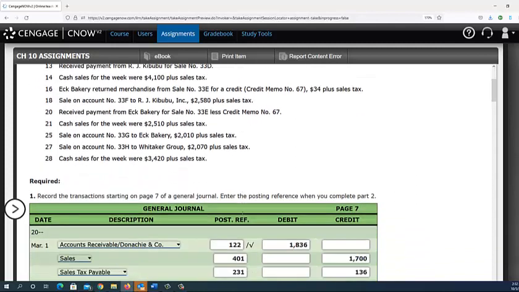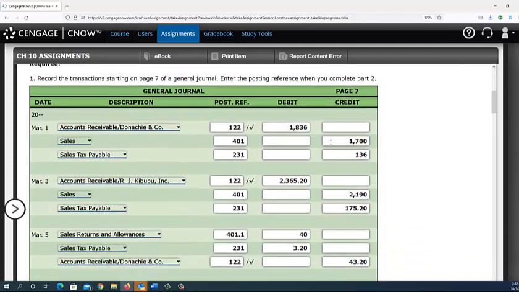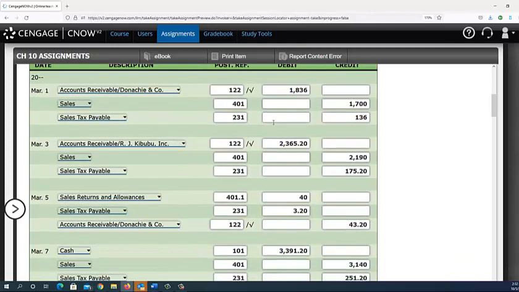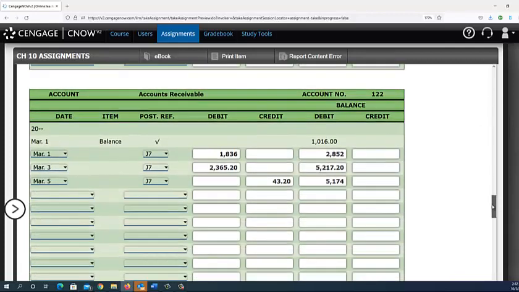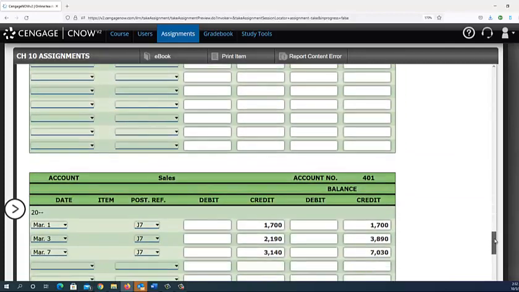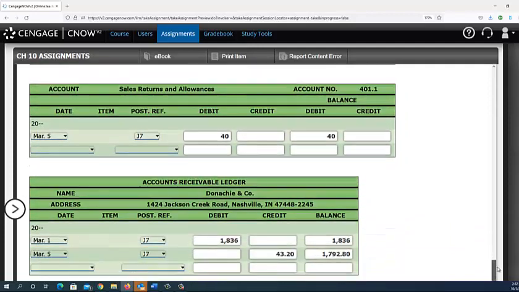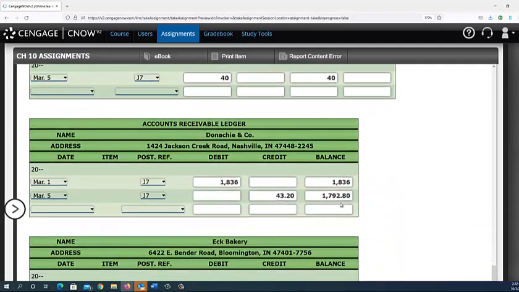So there's a couple of ways we could do that. We can take the $1,836 that's owed here and subtract the $43.20 that was credited, and we'll get $1,792.80. Or we could go down to Donacci's accounts receivable ledger and look at their balance.